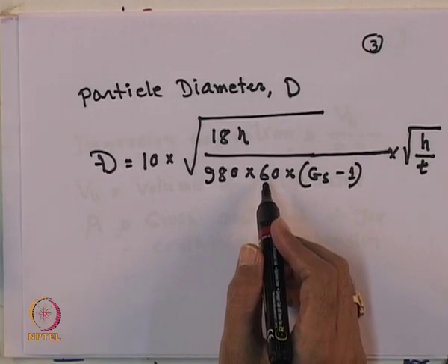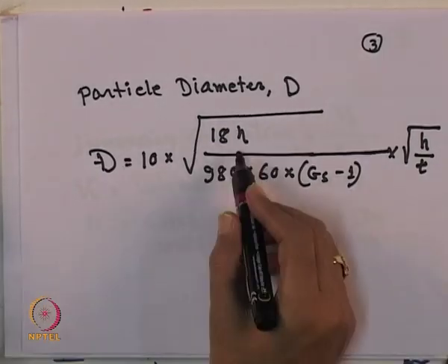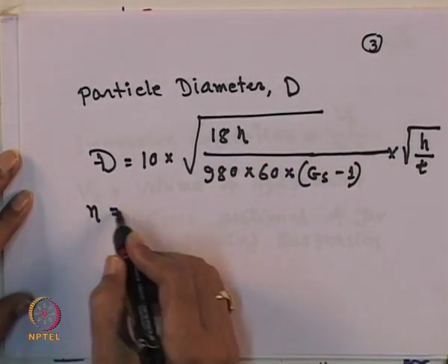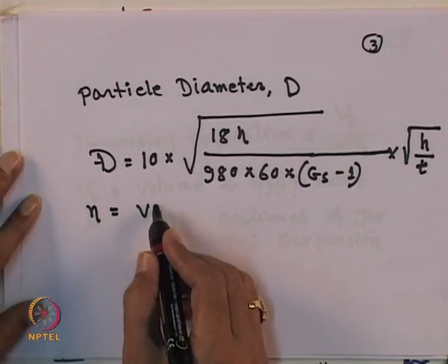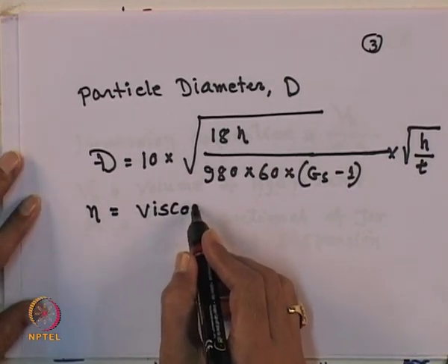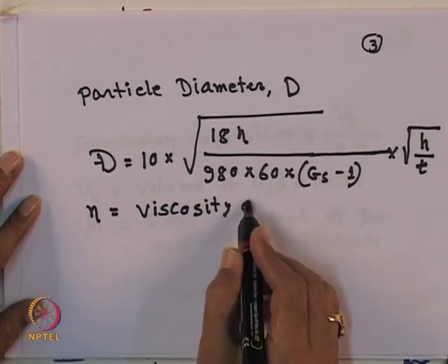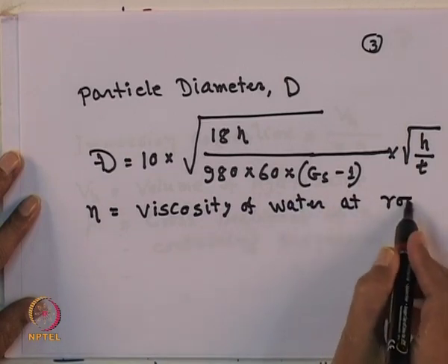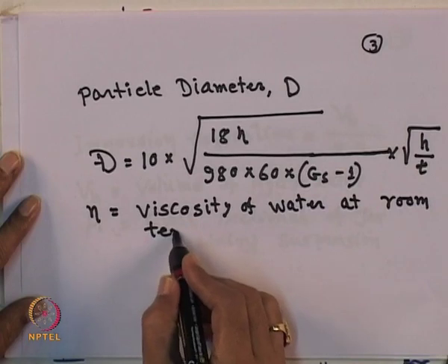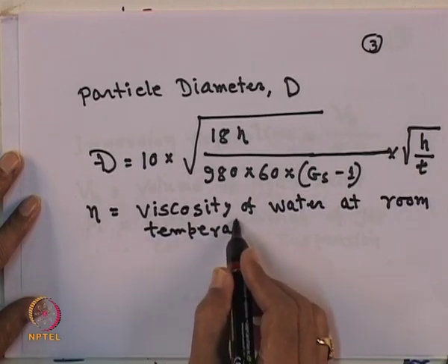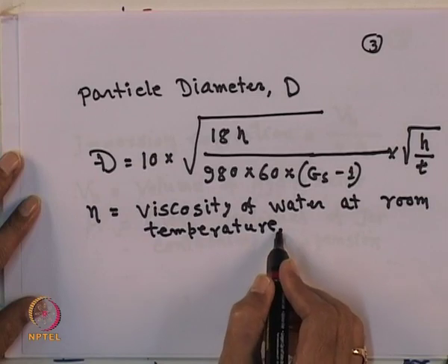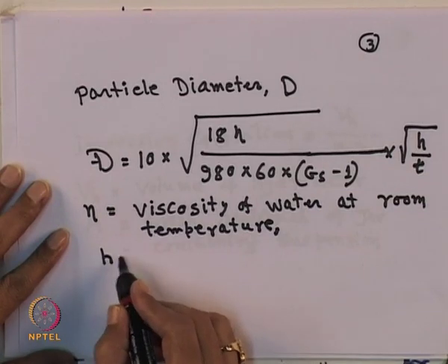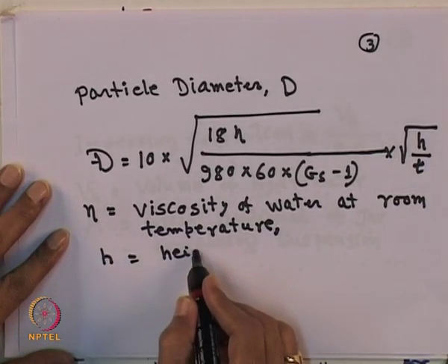So here, eta is the viscosity of water at room temperature, and small h is the height of fall.